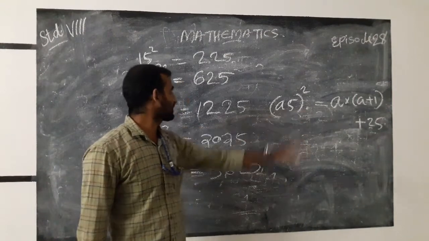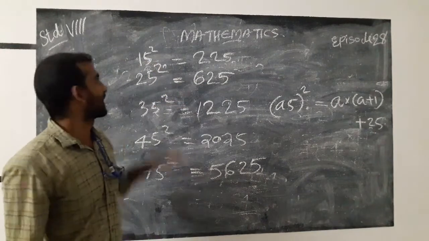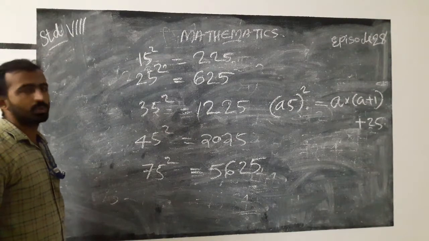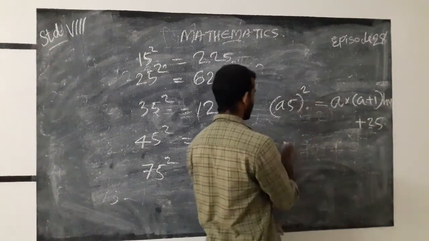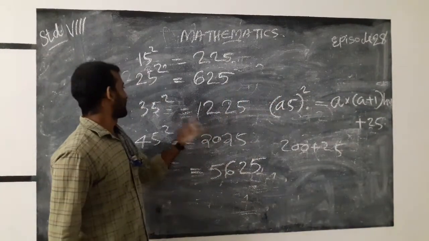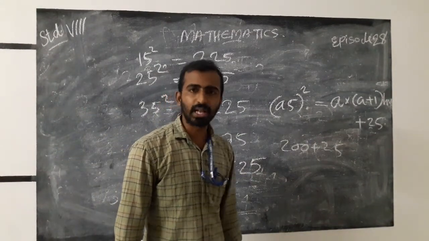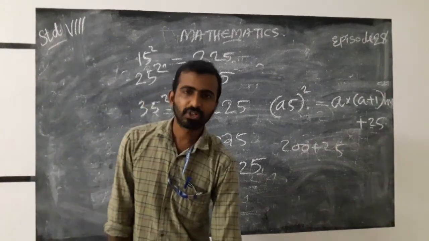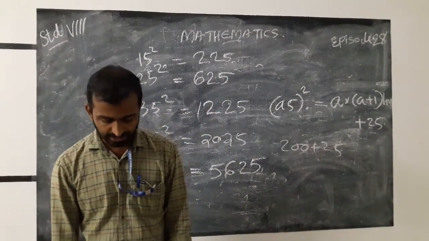Here we take the number A into (A plus 1). Here A is 1, 1 into 2 we get 2, and here we put 100, that is 200 plus 25. And here 3 into 4 is 12, that means 1200. That is also in your textbook. You just read your textbook for more explanation.